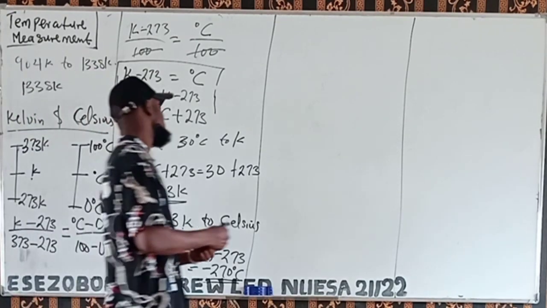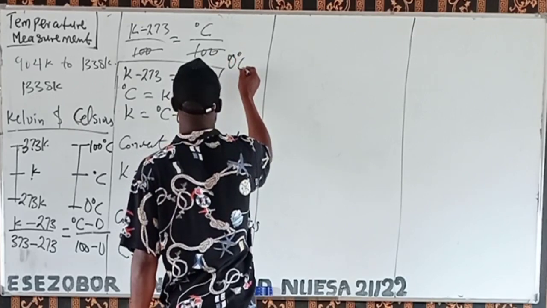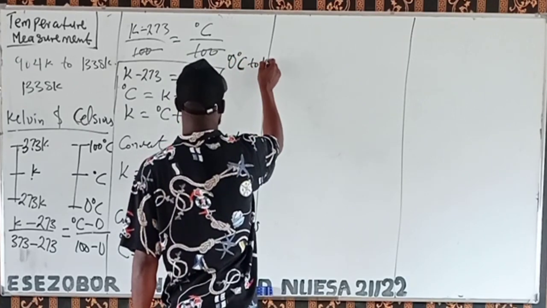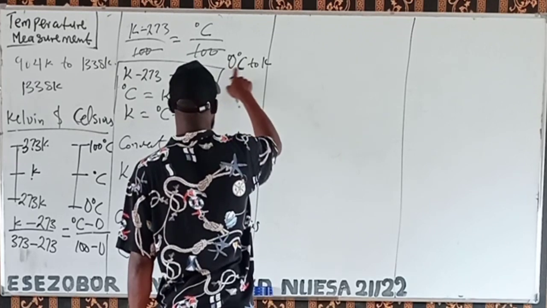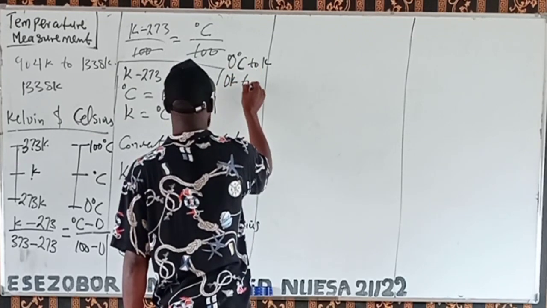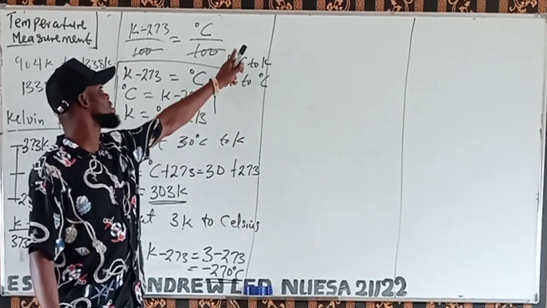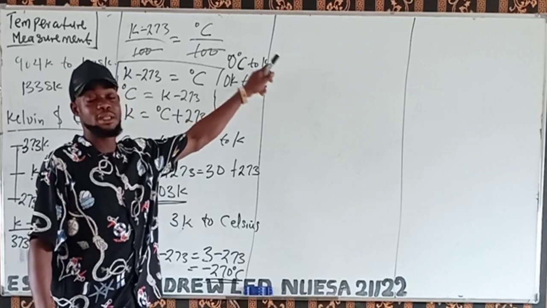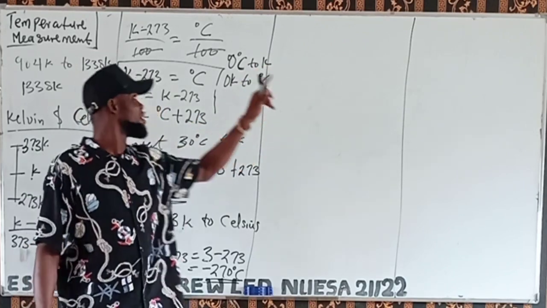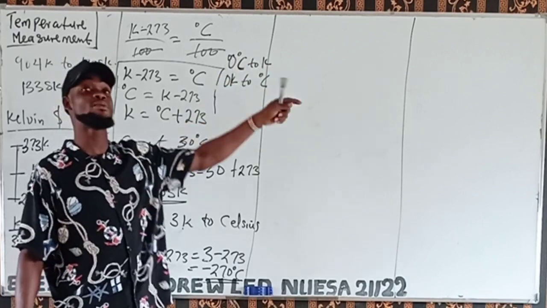Also do this: convert 0 degrees Celsius to Kelvin, and convert 0 Kelvin to Celsius. If I convert 0 degrees Celsius to Kelvin, the answer will be 273 Kelvin. If I convert 0 Kelvin to degrees Celsius, the answer will be minus 273 degrees Celsius.